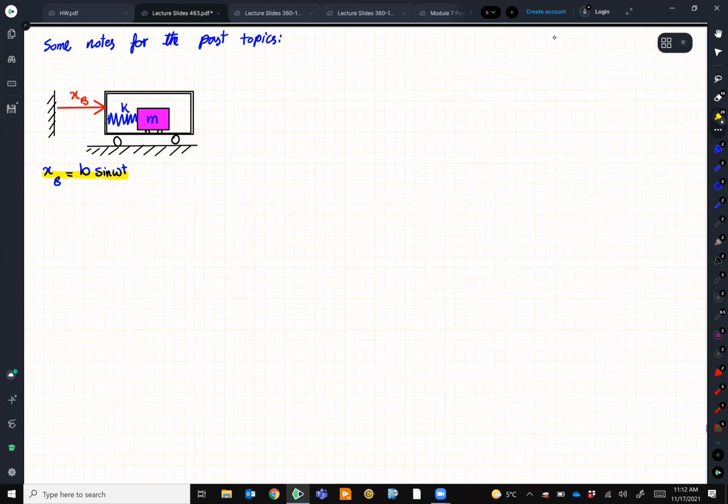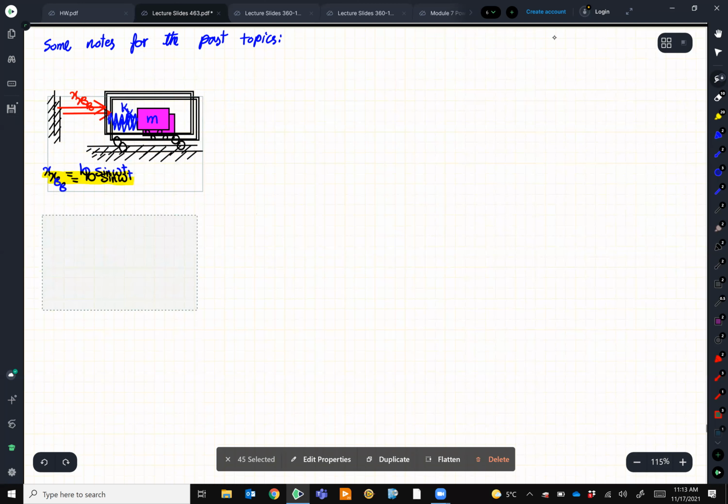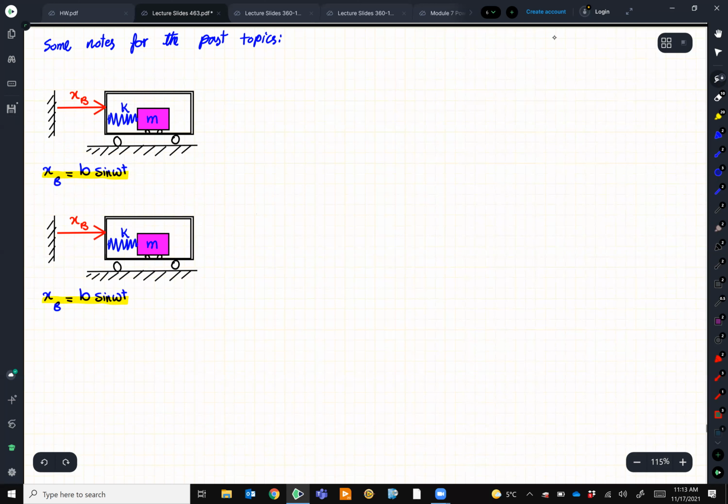And inside that cart, we have a mass m with a spring, and it can have a damping, but for now, let's stick with just the spring. So we can analyze this system two ways. All right. So one is that I have my coordinate.